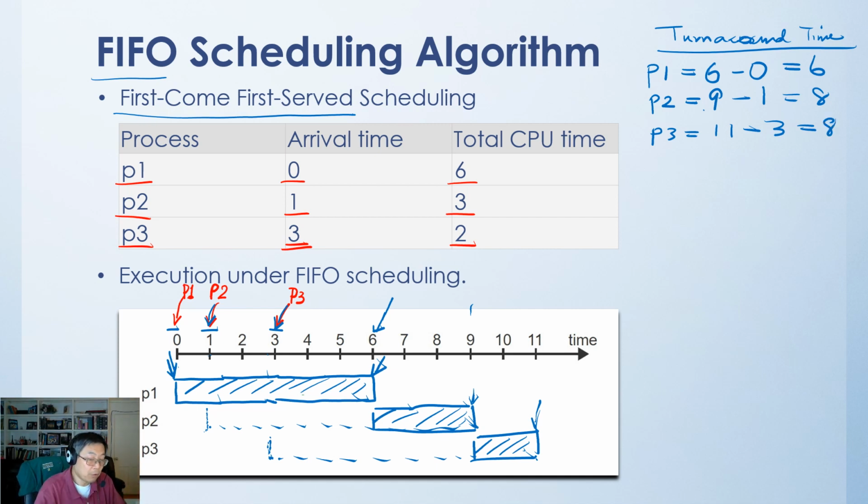Now, typically we use the turnaround time to measure the performance of each process in this particular algorithm. Basically, to evaluate the algorithm itself, we normally use the average turnaround time.